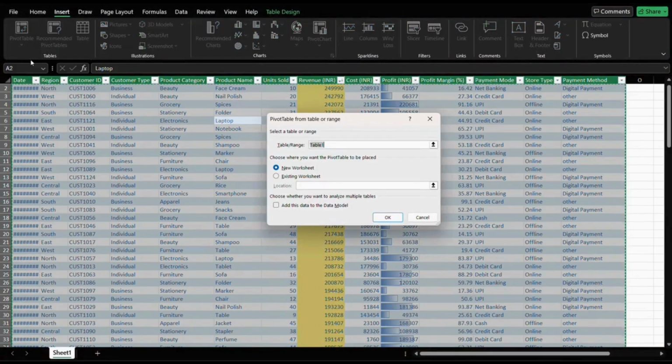I have created a pivot table to compare different product types based on the total units sold.